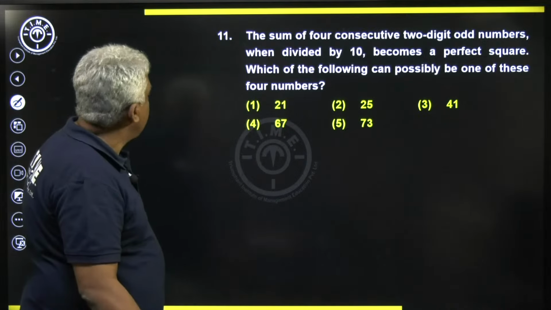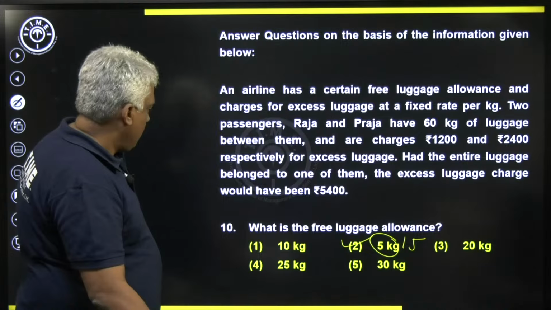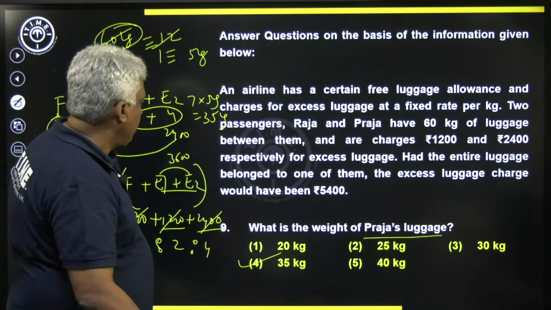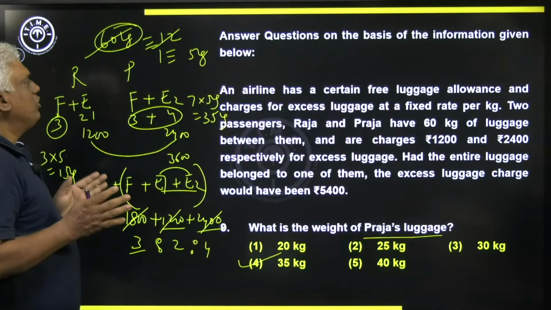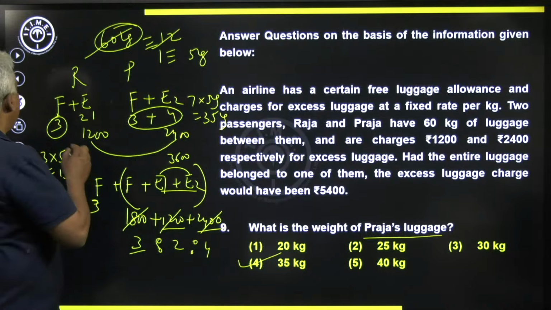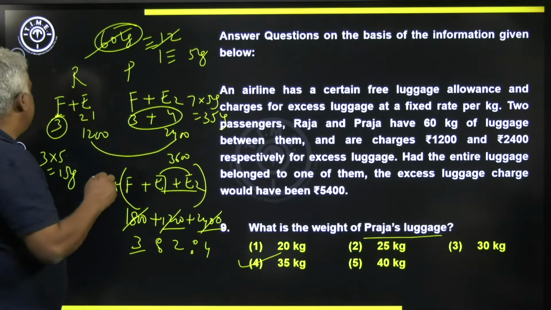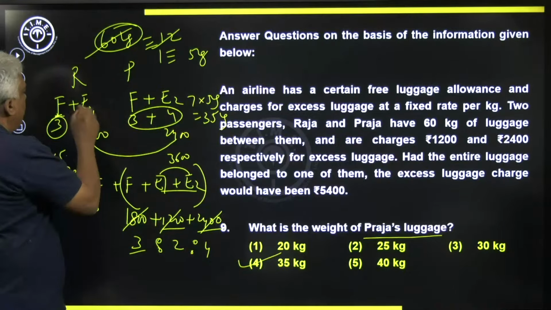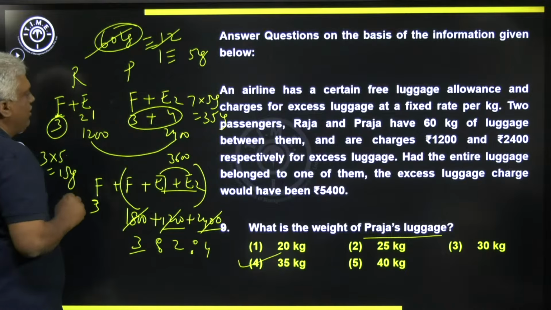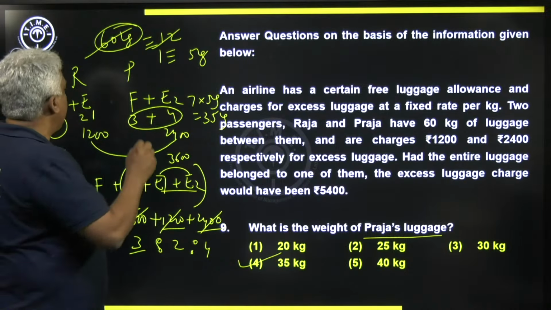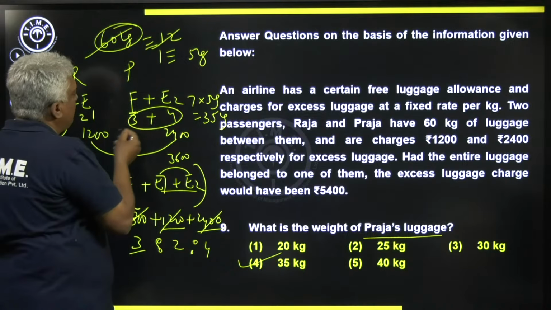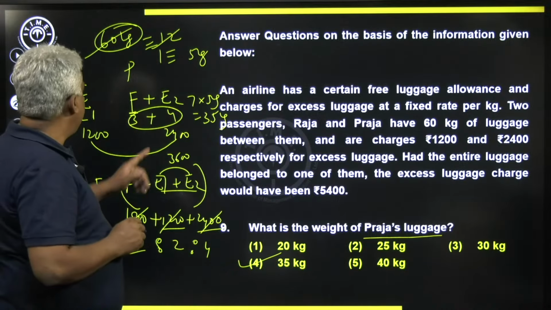See, what I said is, in the previous question, both the guys, when they're traveling, one part of the luggage is free, some kg free. They're not charged, they're charged for the extra one. So Mr. Raja is carrying fixed plus extra, and fixed is the same in both cases, right? Here Praja also has the fixed luggage free, and extra E2, right?